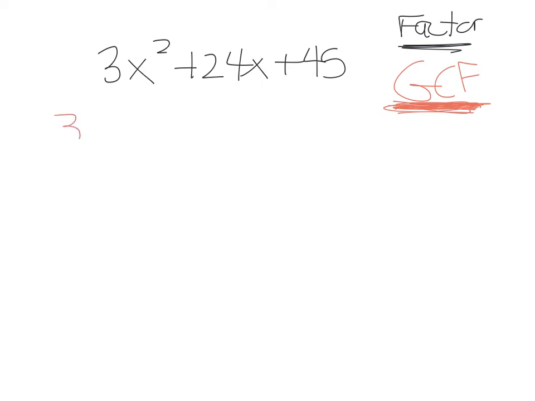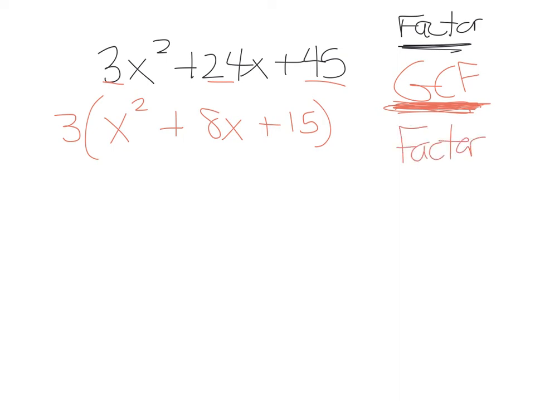So I must factor out the GCF first between 3, 24, and 45, and it is a 3. So it gives me 3 times x squared plus 8x plus 15. However, I'm not done. At this point in the game, you'll factor again. There will sometimes be 2 times that you factor, sometimes 3 times that you will factor in one problem.